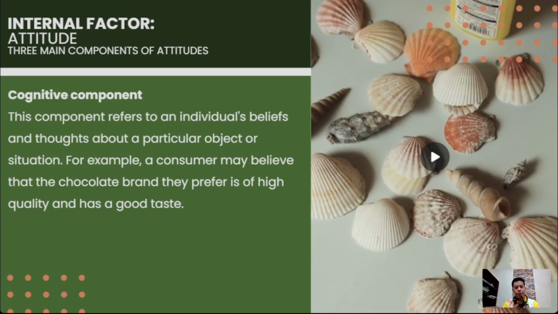That's the reason why when you appeal to the cognitive component of the customers, you use experts. You explain the processes and the contents of your products, so on and so forth, that may appeal to consumers who use the cognitive component of their attitude when deciding purchases.